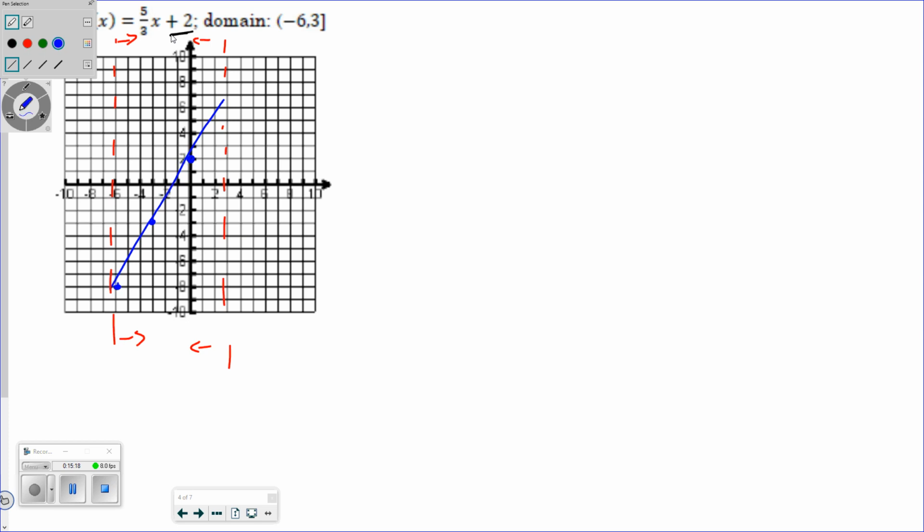But don't erase the point. 5/3, so go up 5, right 3. And then just make sure your endpoints are either filled in or empty according to what the problem says. -6 is a parenthesis, so I actually need -6 to be an open circle. So I'm just going to fix that. 3 is a bracket, it's going to be a filled-in circle. That one's fine. And there's your answer.